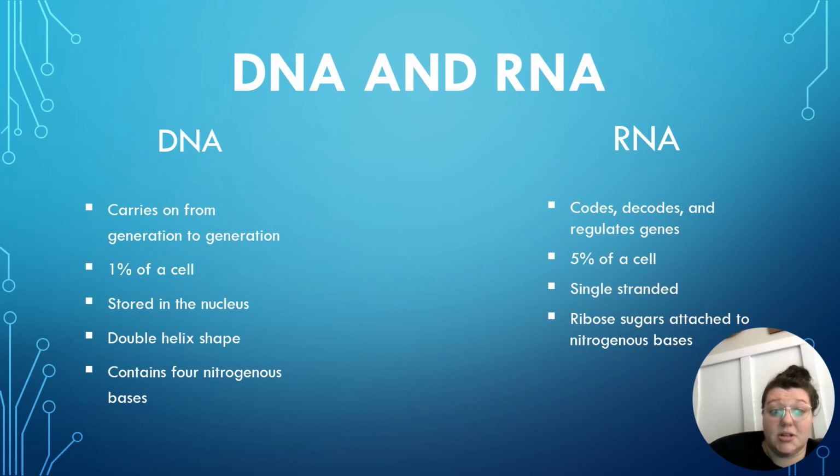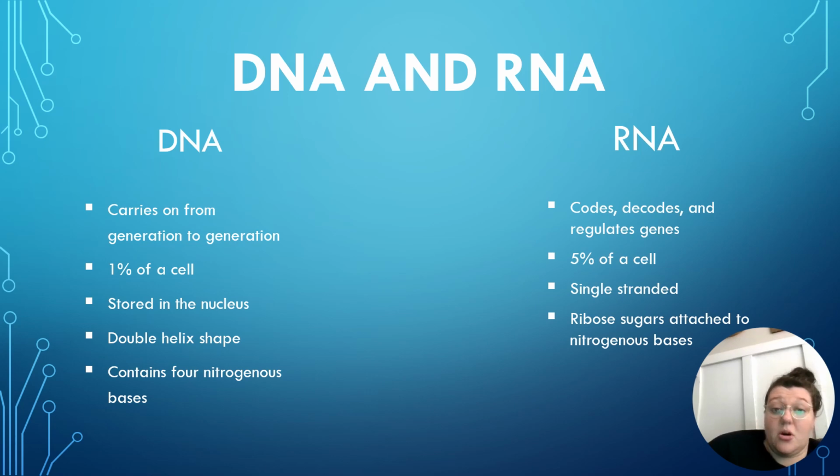So DNA actually only makes up 1% of a cell, which is kind of crazy to think because of how much DNA plays a role in us. These are actually stored inside the nucleus. And we know that DNA has that double helix shape, and it contains 4 nitrogenous bases.